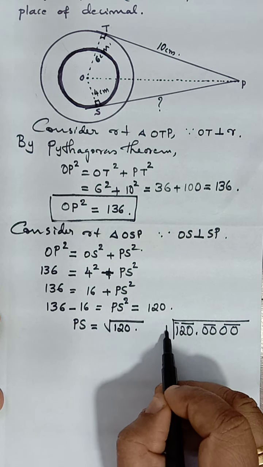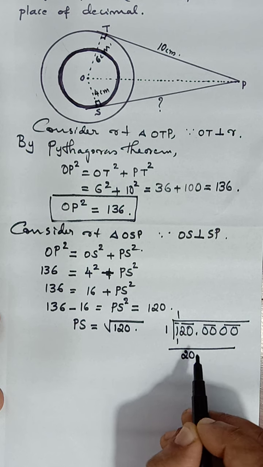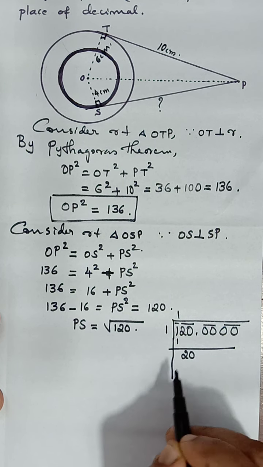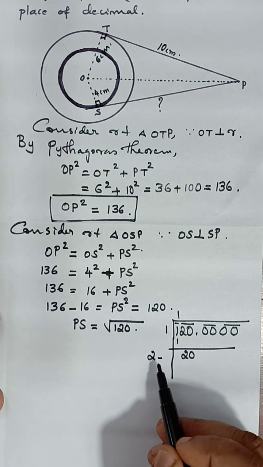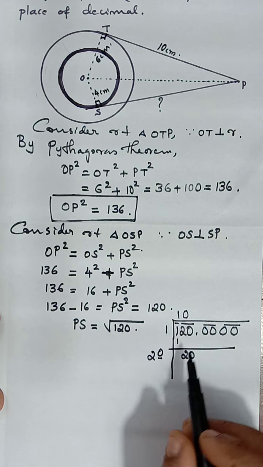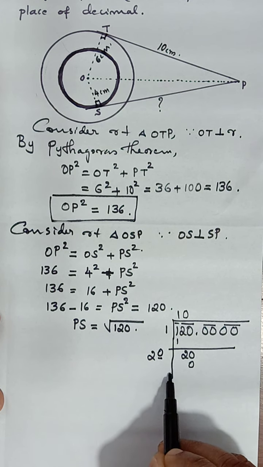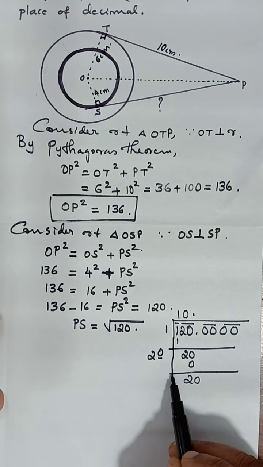After grouping, one time, subtract. Now we are bringing down 20. 1's double is 2. Choose a number. If you take 1, 21 into 1 is 21, so we cannot choose. Giving 0. 0 into 20 will become 0. Subtract again 20. Giving the decimal.